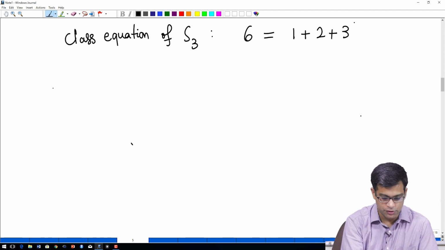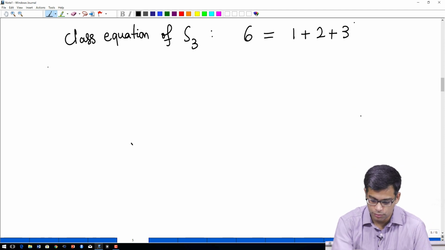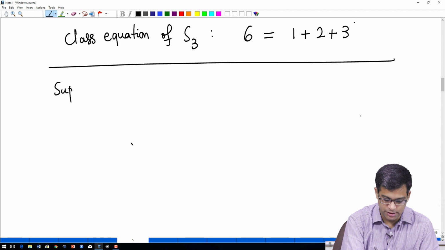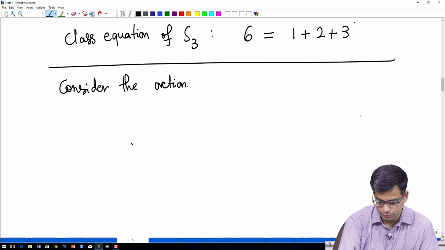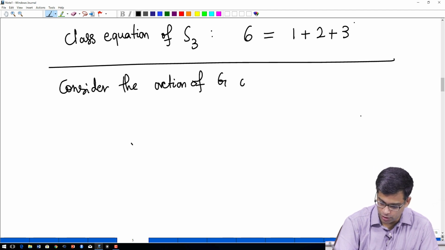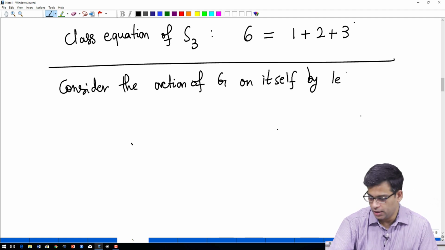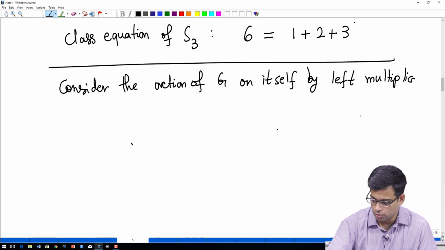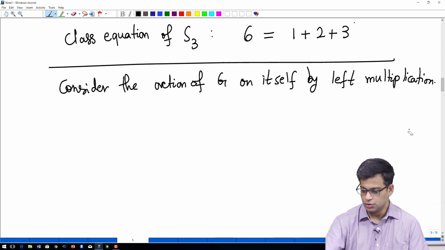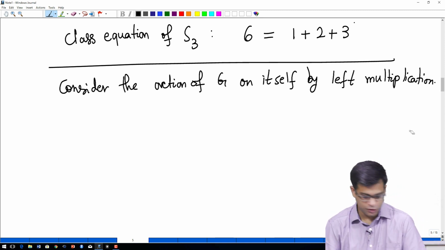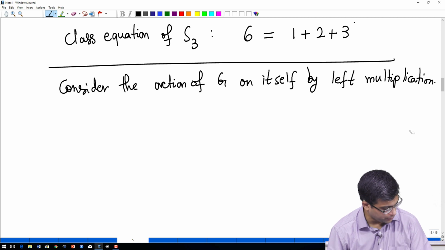Okay, consider the action of G on itself by left multiplication. This is the first of the two operations I mentioned of a group on itself.